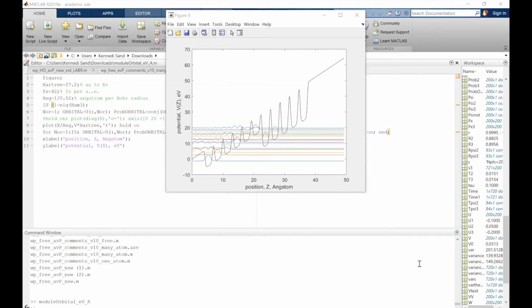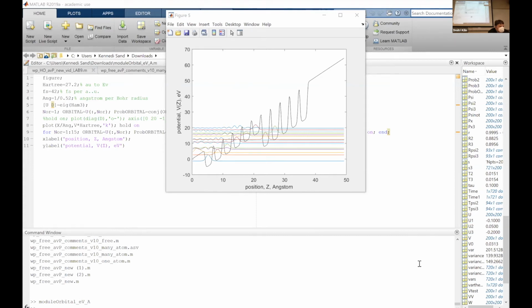But let's not do any calculations. Let's just analyze what you have right now. The colored lines are eigenstates of an electron in this potential, right? Okay. The lowest one is blue. Yep. And it is located in the leftmost segment of this honeycomb.